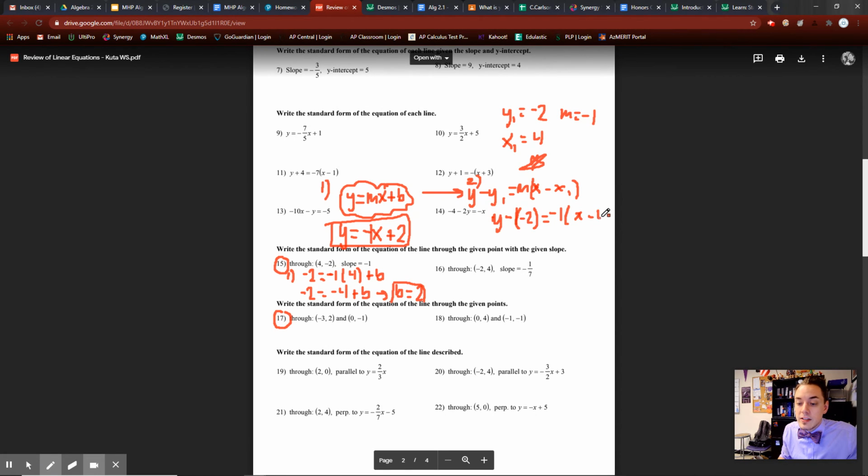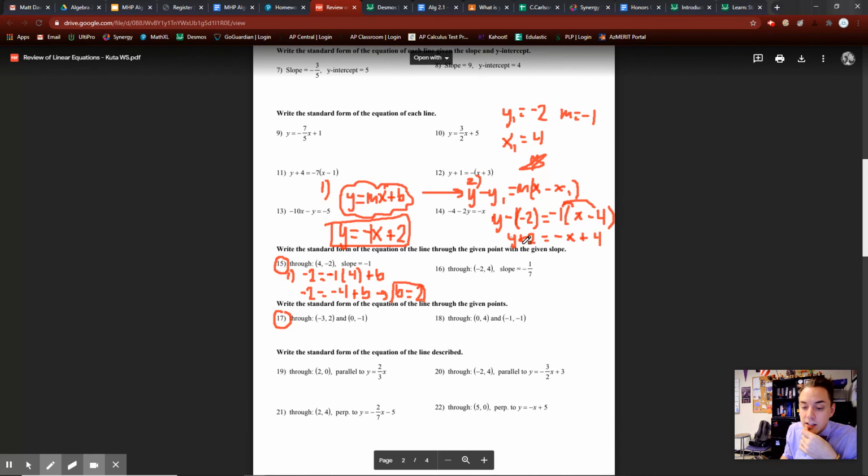So minus, because it's a built-in negative, and then 4. Now I just simplify. This becomes y plus 2 equals, this becomes -x, and this becomes plus 4. So I distribute that -1 through, remember? So negative x and then -4. -1 times -4 gives me +4.